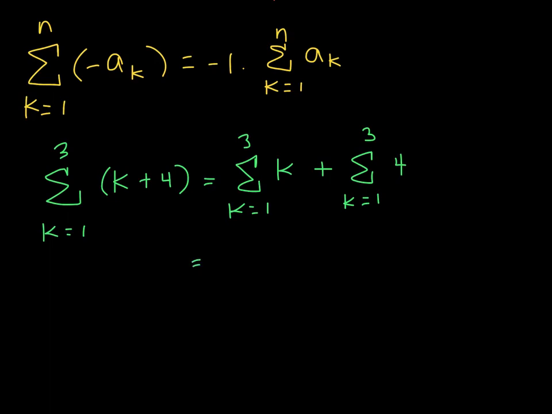And this would be, well, the sum of k would be 1 plus 2 plus 3. That's the first sum. Plus, and then we can use one of our rules here to say, well, this is going to just be 3 times 4. So then this is 6 plus 12. So this sum is equal to 18.